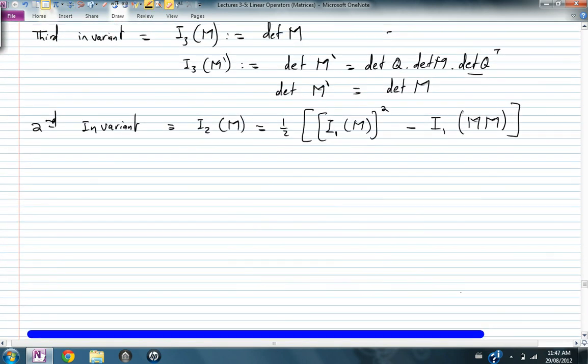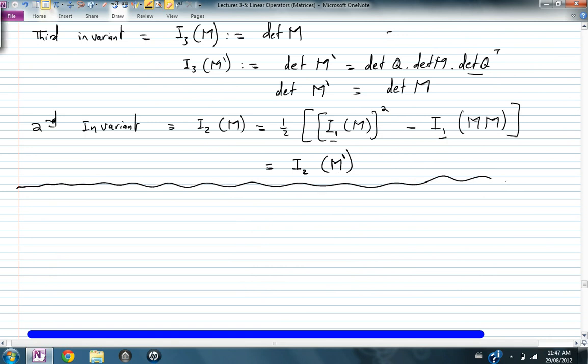Now, since I know that I1 does not change between coordinate systems, therefore this is equal to also I2 of M prime. And so once you calculate these quantities in the first coordinate system, and then you change your coordinate system, the new value in the new coordinate system is the same.